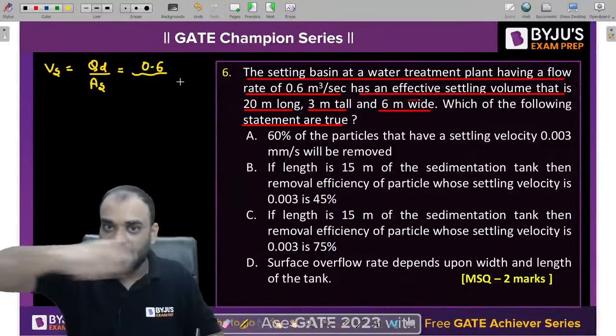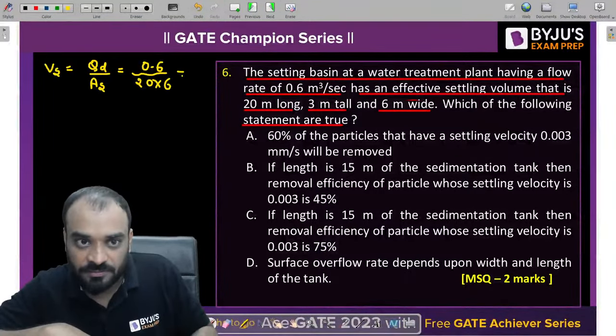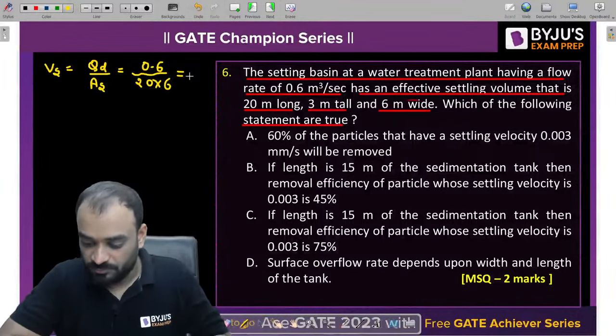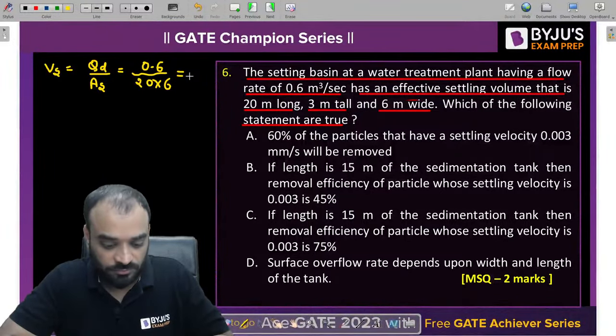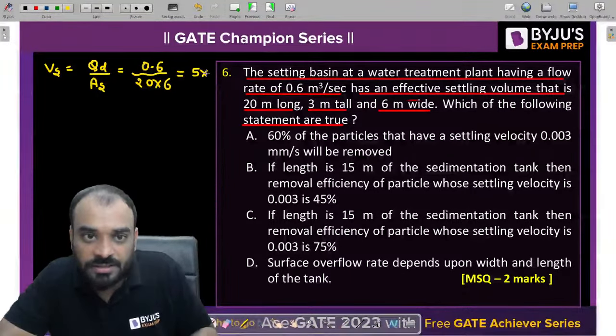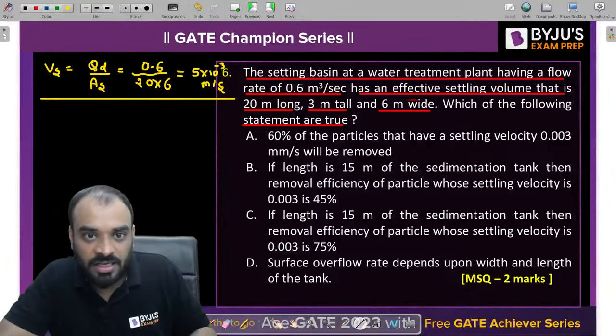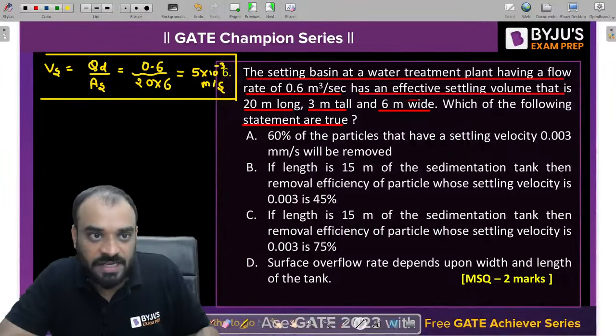So surface area is L cross B, right? That means 20 into 6. So we are getting an answer of 5 into 10 raised to power minus 3 meter per second as a design settling velocity, right? This is our design settling velocity.